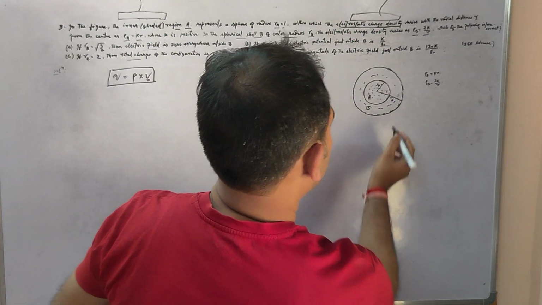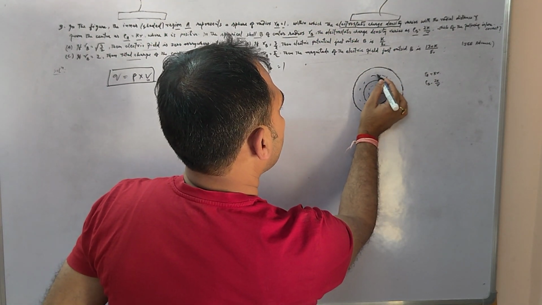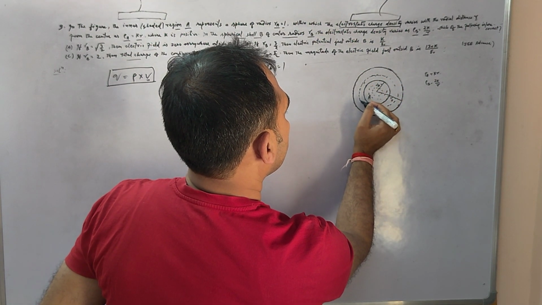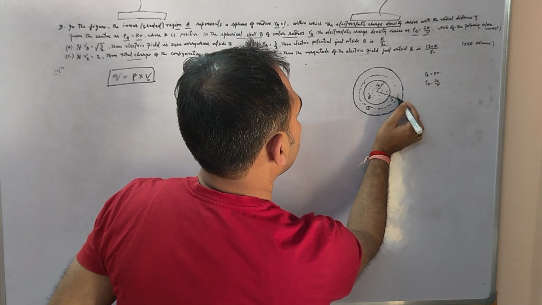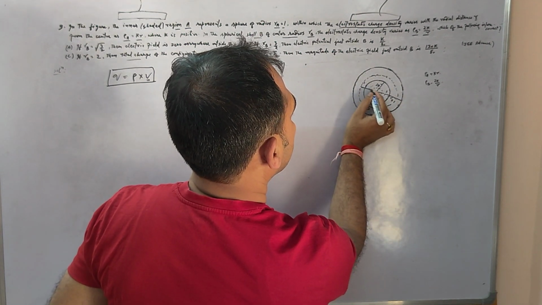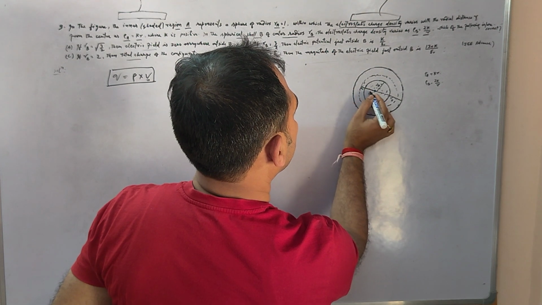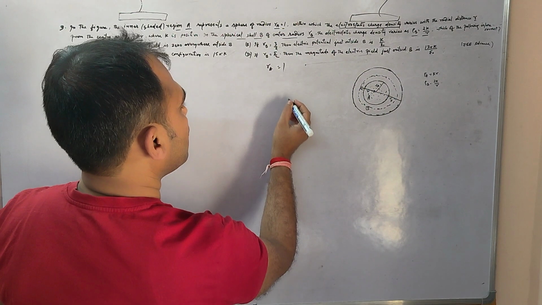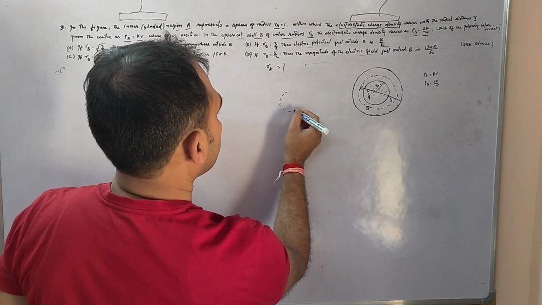Now let us take any hypothetical very thin hollow sphere with radius r from the center.